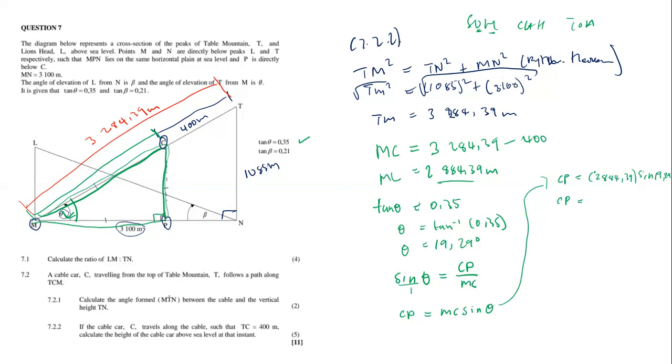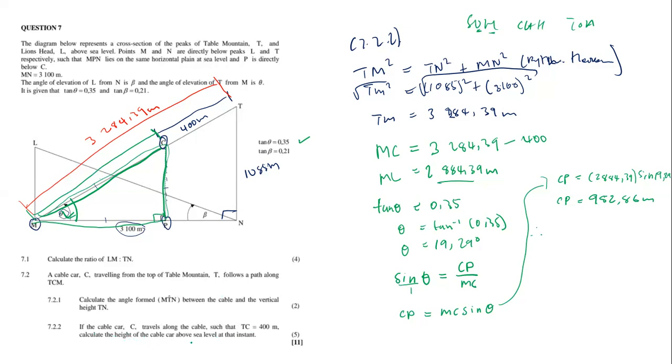Let us punch it on our calculator. 2,884.39 multiplied by sine 19.29. And then we get our CP to be 952.86 meters.